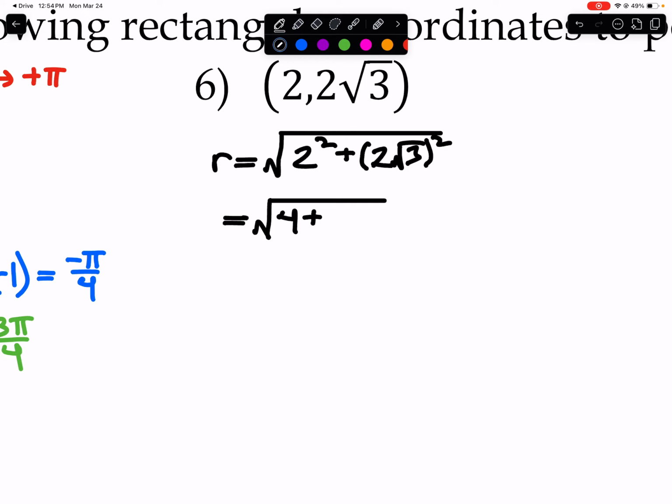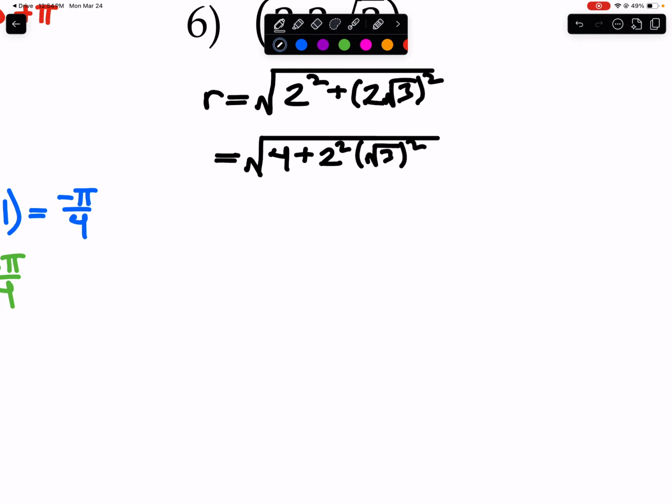And then if it helps, you can rewrite it as 2 squared and then root 3 squared. Since that value is going to both, you can quote unquote distribute. So I'll rewrite it as 4 plus 4 times 3.